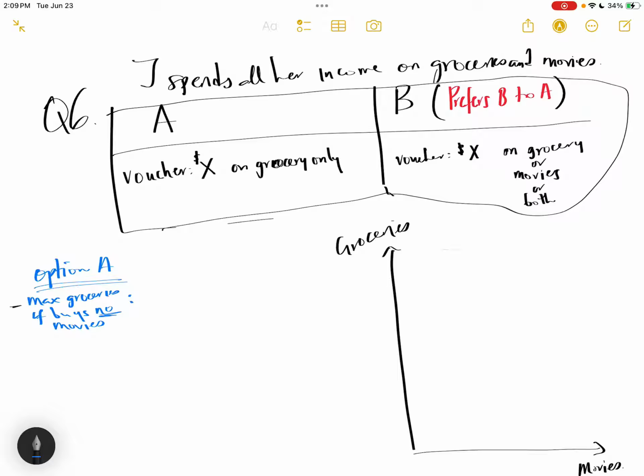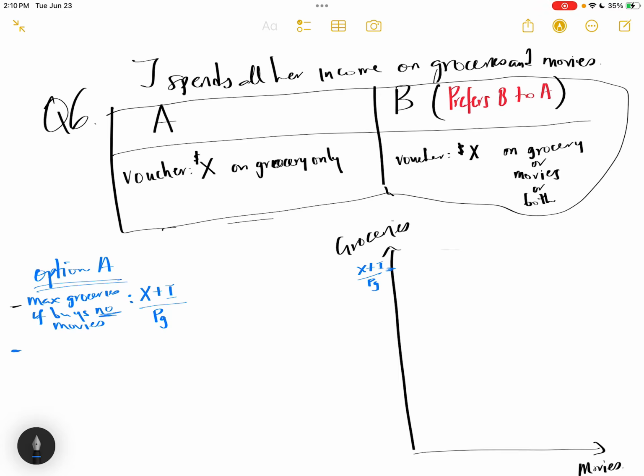She can only spend the voucher on groceries under option A. So it will be the voucher X dollars plus her income, let's call that I, divided by the price of groceries. Okay, so that's one of the points on here. I'll keep that in blue, right? So that's X plus I divided by price of groceries.